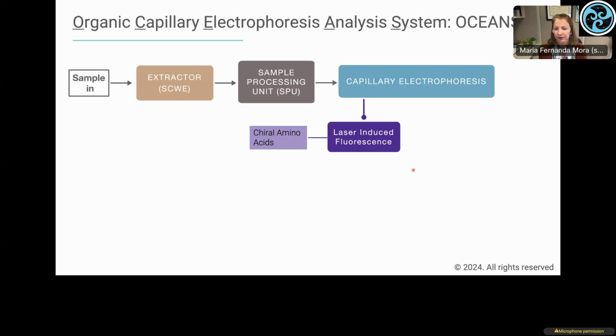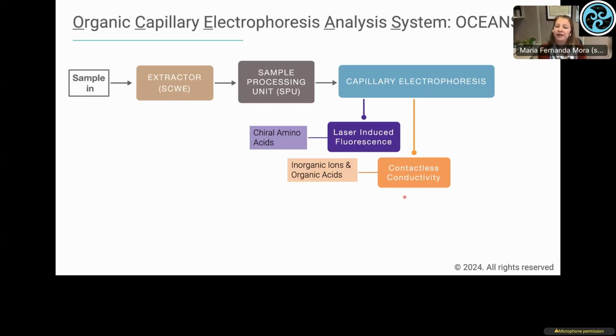And then we have 2 more detectors. Contactless conductivity, which is a very simple detector, and I will show you later. With this one, we can do inorganic ions, in addition to some of the organic molecules too. The sensitivity is not as good as fluorescence, but it gives you a lot of information about the sample and the environment of the sample.